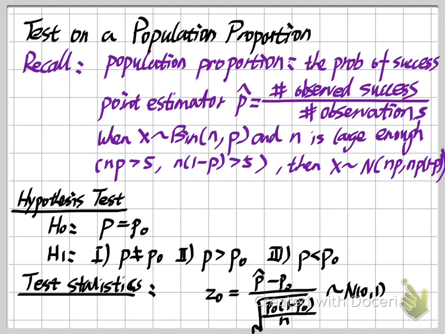Similar to our test of the mean for a normal distribution, we can have the conditions for when we reject our null hypothesis H0 for these three alternative hypotheses. I list these three cases here in this table.